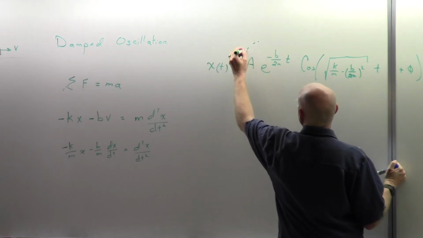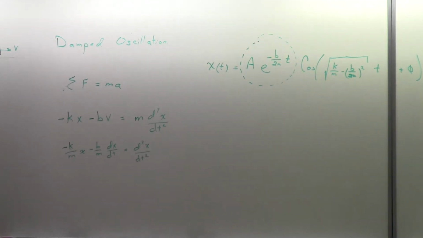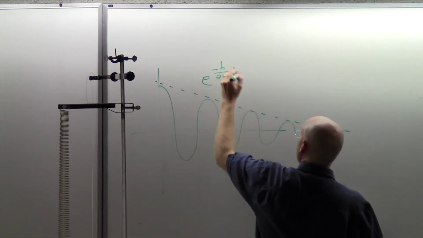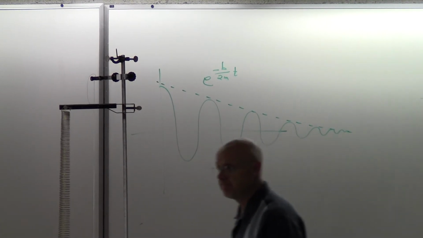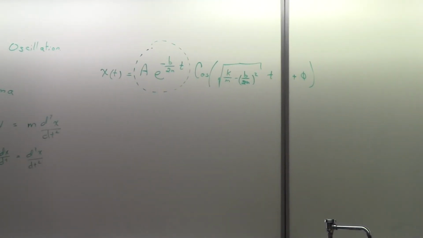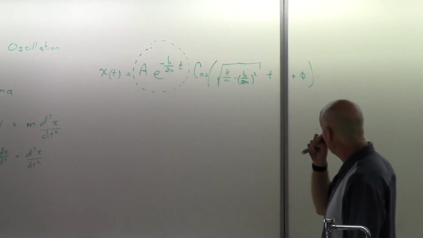And this would be the decay of the amplitude. Right? That's the number in front of the trig function. Right? And so, like I said, we have damped harmonic motion.